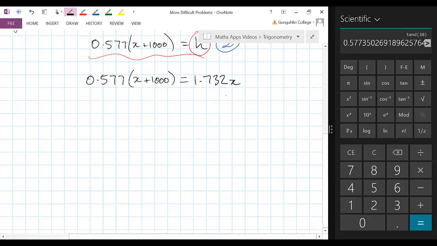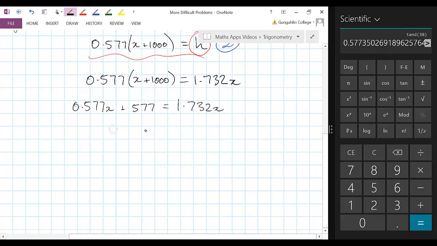Alright, and now I have an equation just involving x's, so I can solve this. I'm going to expand this left hand side, 0.577x plus 0.577 times 1000 is going to be 577. This number is still 1.732x. I need to get all my x's onto one side. I'm going to subtract this one from both sides.